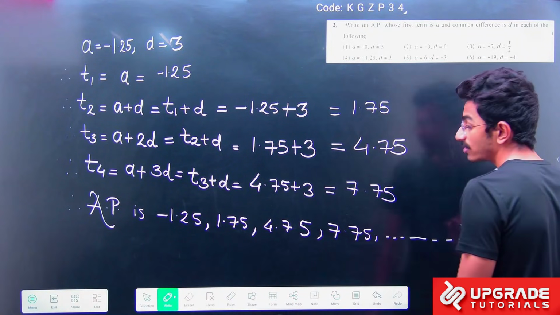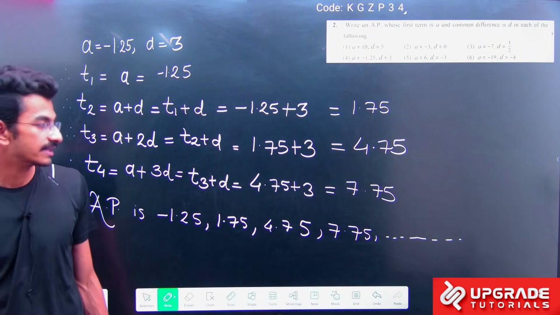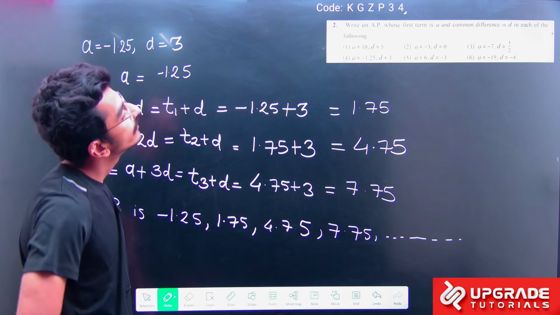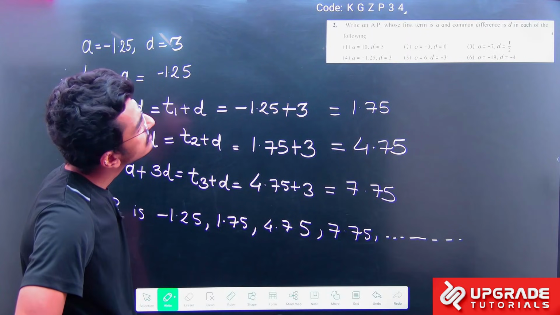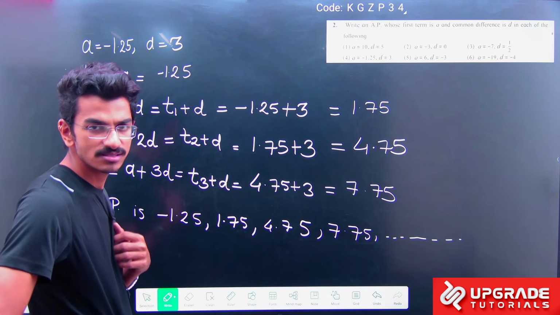This "and so on" is very important, otherwise your marks will get cut. So, I don't think there are any more such numbers, just addition and subtraction of the numbers.